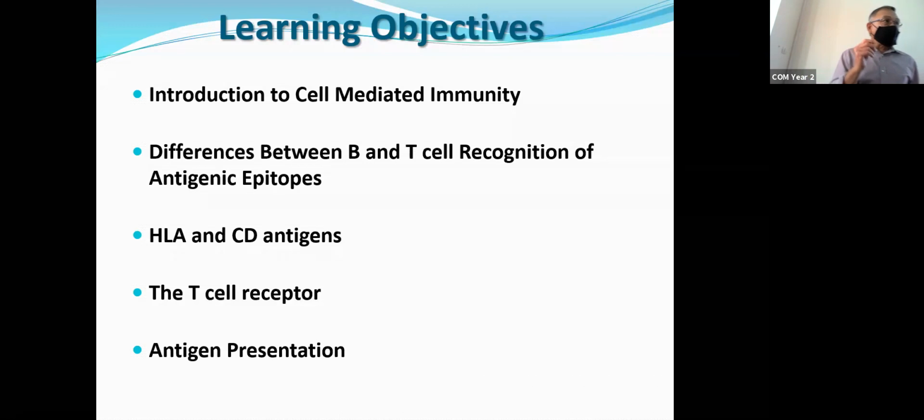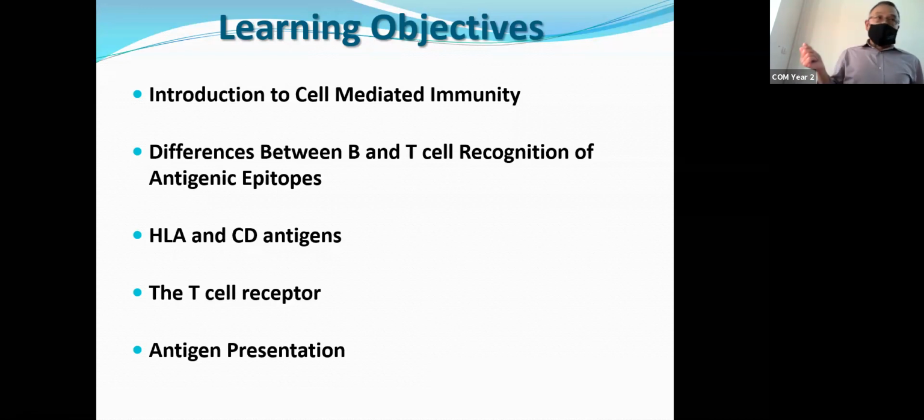And we recognize the groups of lymphocytes and their function based on their expression of surface molecules, which we call CD antigens. Then I'll say something about the T cell receptor.